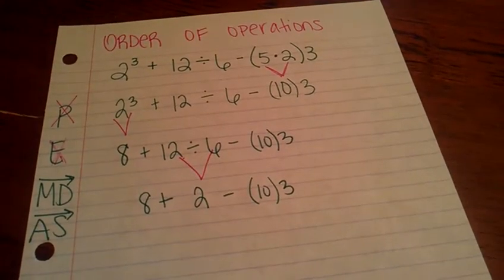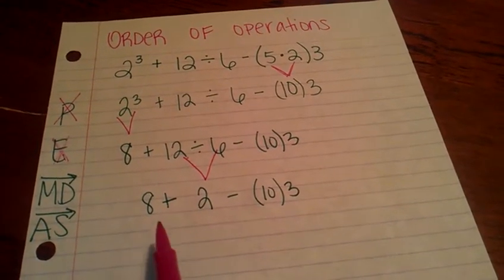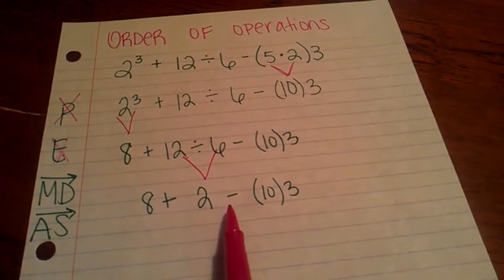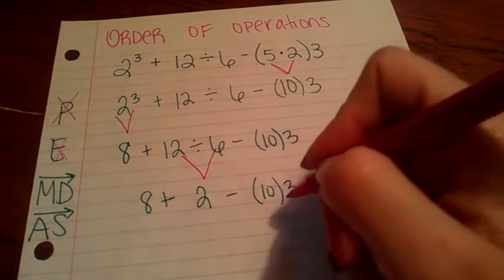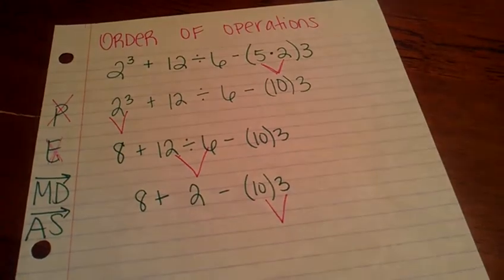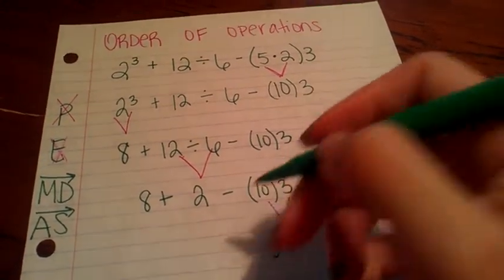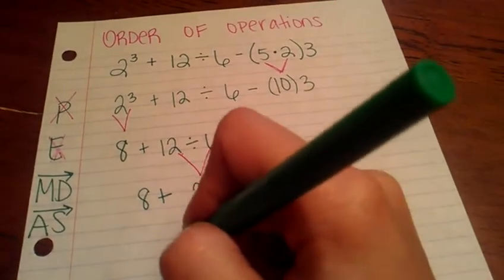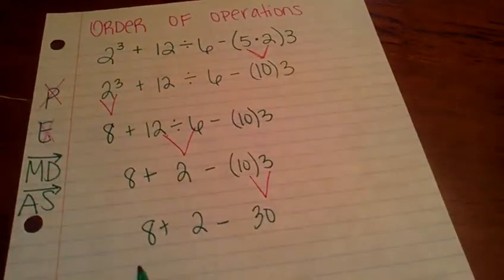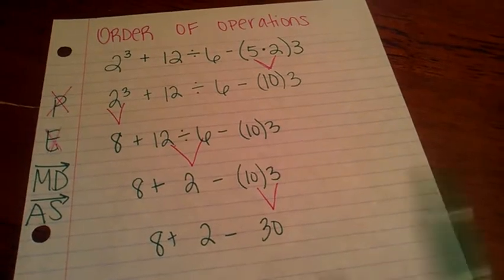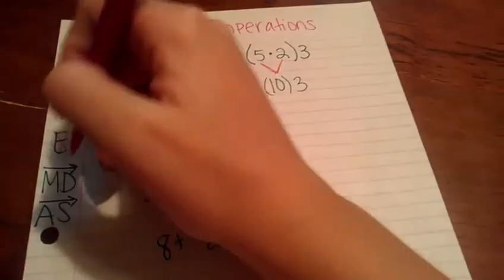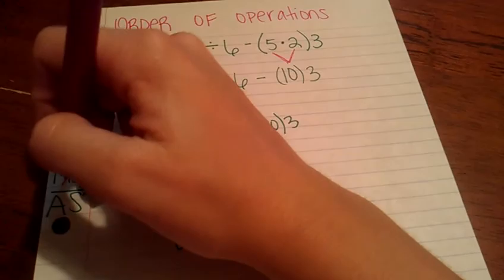Okay, now I'm going to recheck my problem. This is adding and subtracting, adding and subtracting. Here is multiplying or divide. Okay, do I have any more multiplication or division in my problem? No, I don't. So I am going to mark out MD.